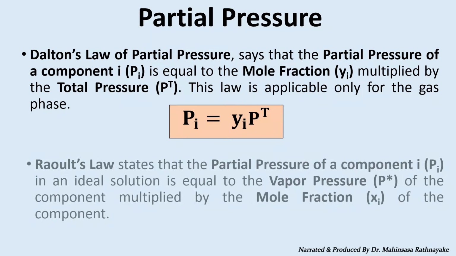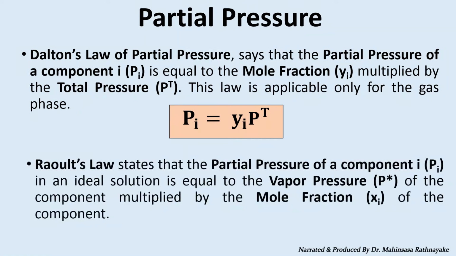For the liquid phase or the interface between the liquid and vapor phase, we can apply Raoult's law. The partial pressure of a component in an ideal solution is equal to the vapor pressure of the component multiplied by the mole fraction of the component present in the solution.